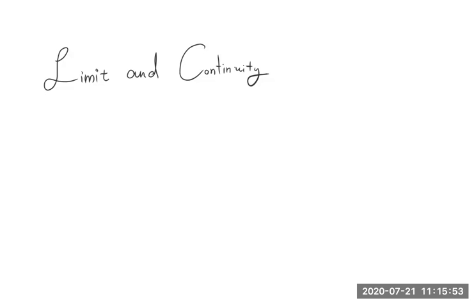So suppose we have a function, say r. We show it like this: a function from R to R2, rather than a function from R to R. It's a function from R to R2.